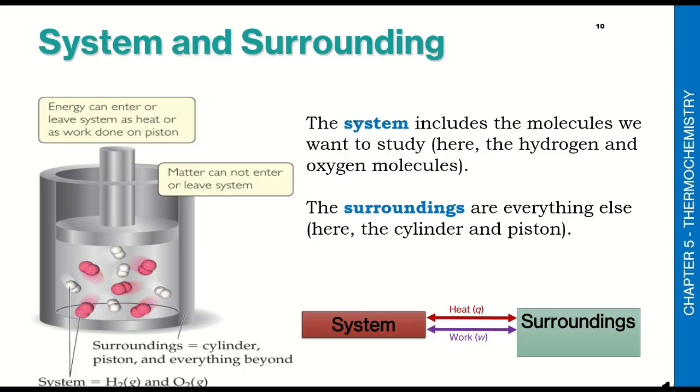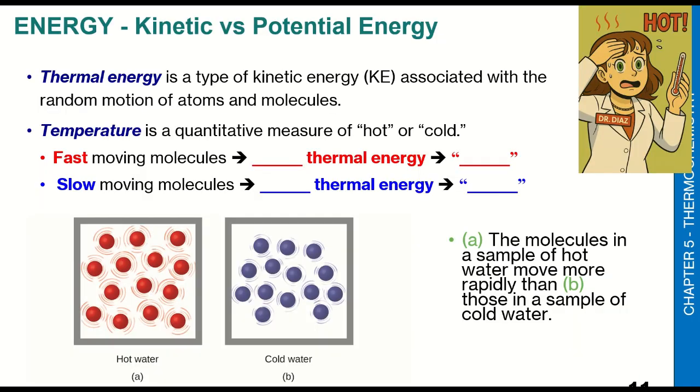So the energy can enter or leave the system as heat or as work done on the piston. It can go up or it can go down. Matter cannot enter or leave the system here, so it's a closed system. So in the system, we can transfer heat and work with the surroundings. So it's an exchange with the surroundings.